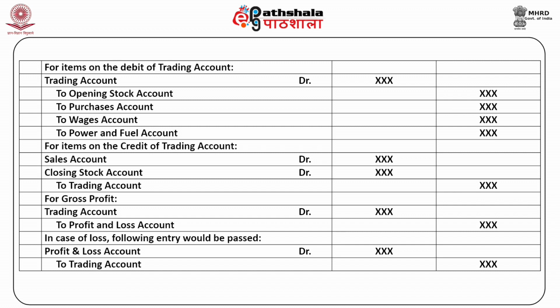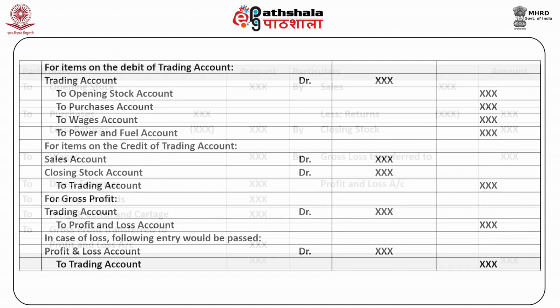For items on the credit of trading account, sales account debited, closing stock account debited to the credit of trading account. For gross profit, trading account debited to the credit of profit and loss account. In case of loss, following entry would be passed. Profit and loss account debited to the credit of trading account.